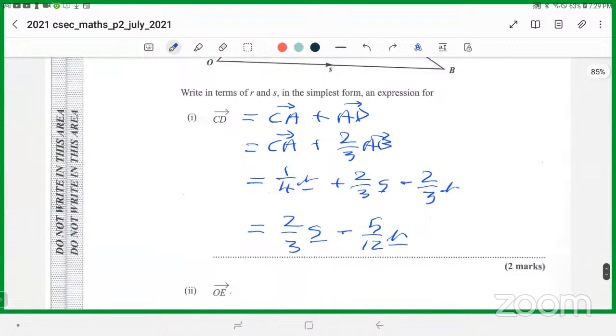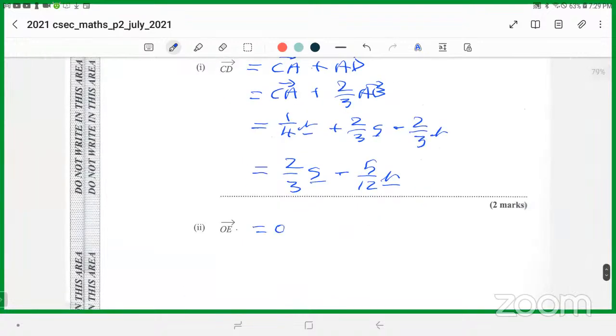To go from O to E, we're going to go O to C and then C to E. But the CE is half of this CD. So we're going to write that: O to C and then half of CD. Another way that we can put in the values. The OC is what we're talking about now.